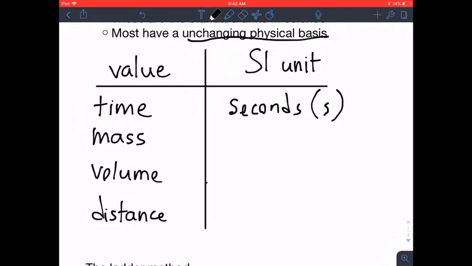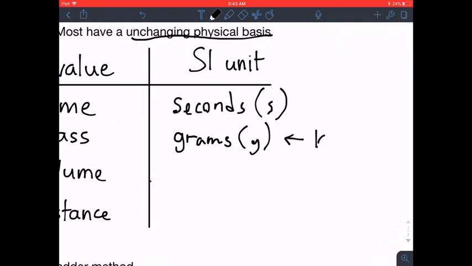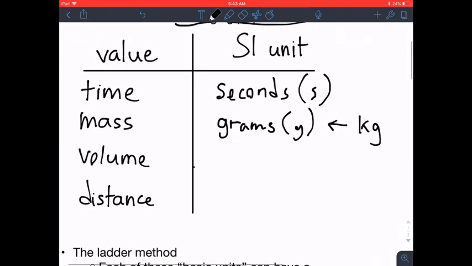It's actually just based on a big hunk of metal in Paris that we call le kilogramme, and anything that is the same mass as that is a kilogram. We measure mass in grams officially, the symbol for which is a lowercase g, but to be honest, we often also use kilograms in physics.